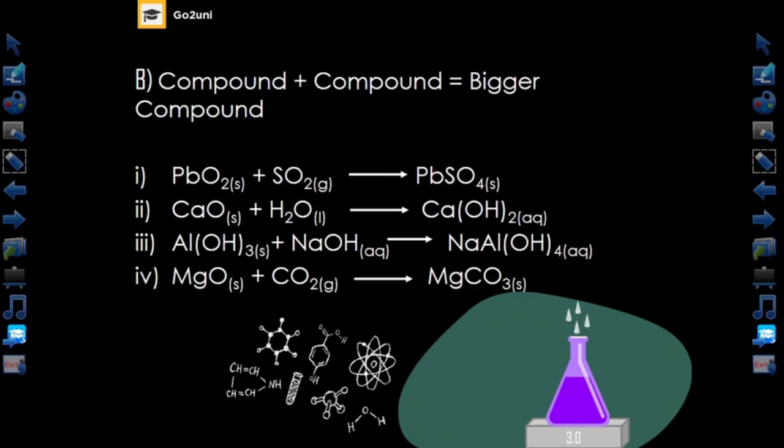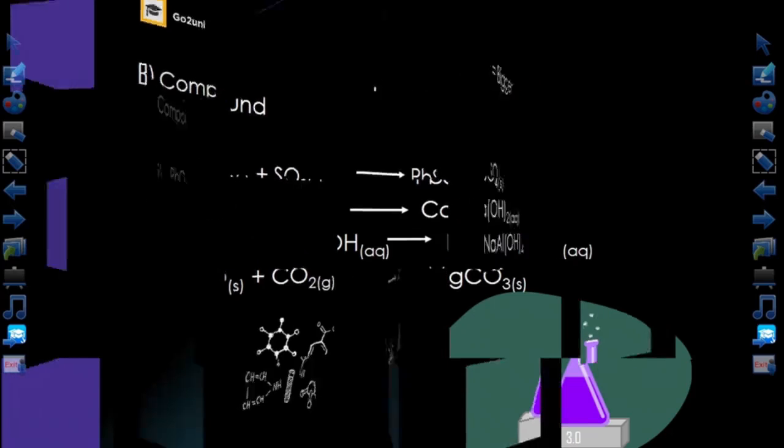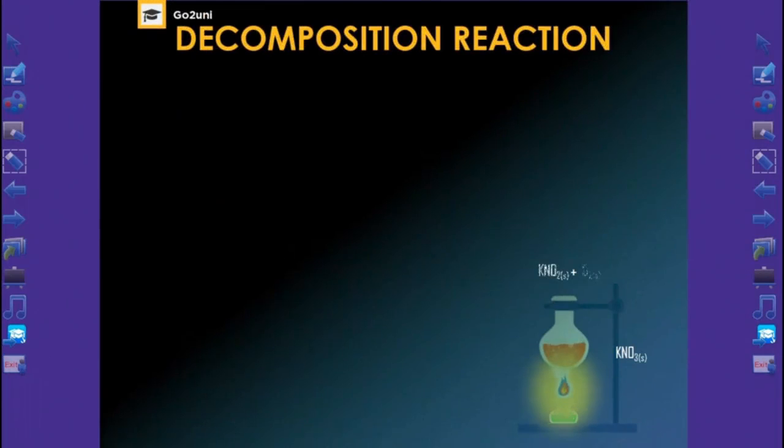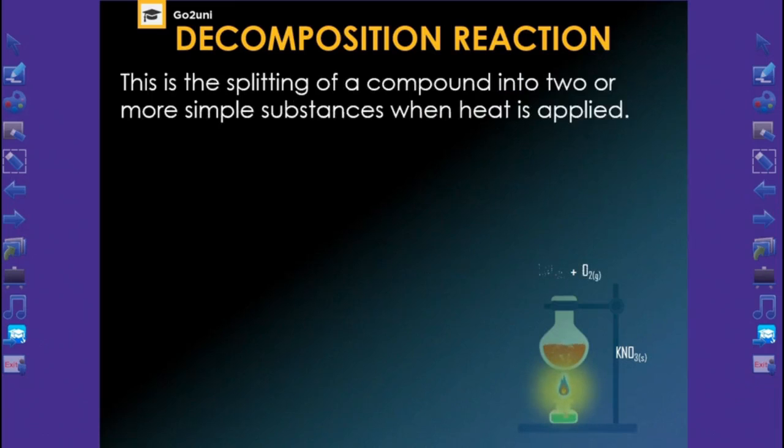Away from combination reaction, let us take a look at the next type of reaction, which is decomposition reaction. When we talk about decomposition reaction, as the name goes, decompose. Decomposition simply means the application of heat. That is to say, the compound is being broken down.